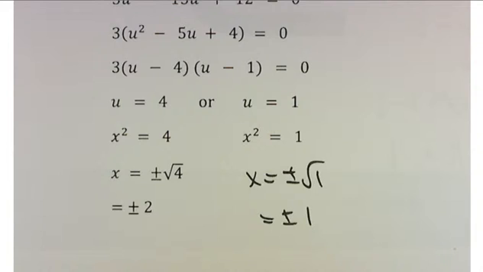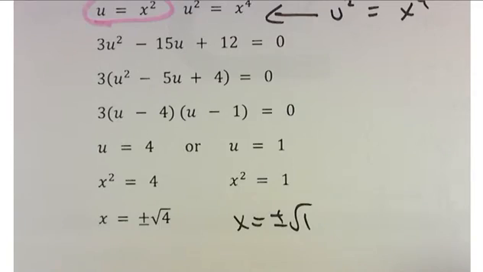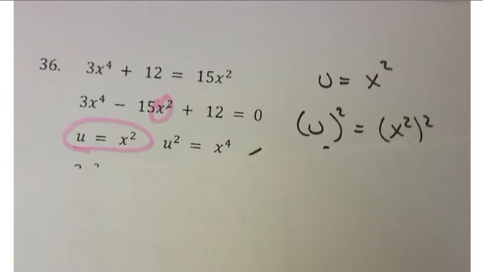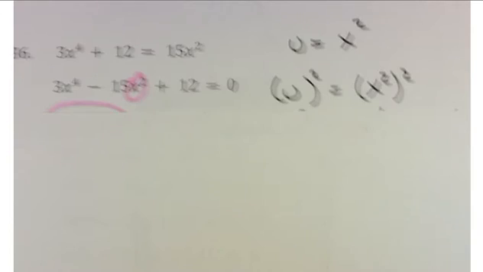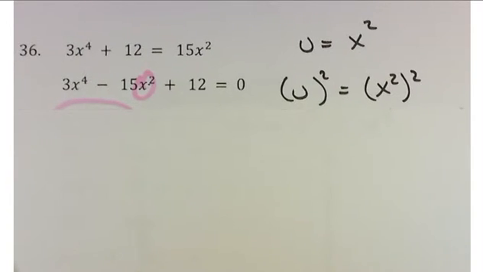All right. So the thing that we're going to do with our equations that are quadratic in form is that because sometimes factoring these things and working with these things is going to be difficult, we're going to trick our equation. We're going to trick it into thinking it's actually a quadratic equation.